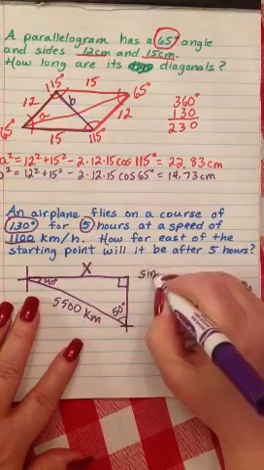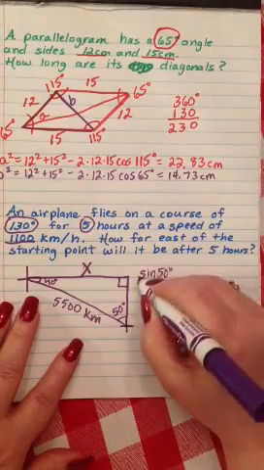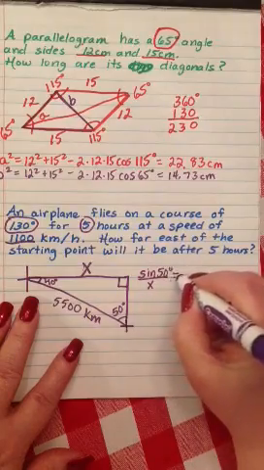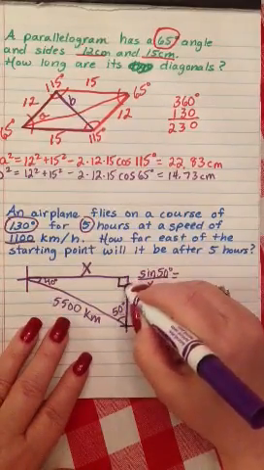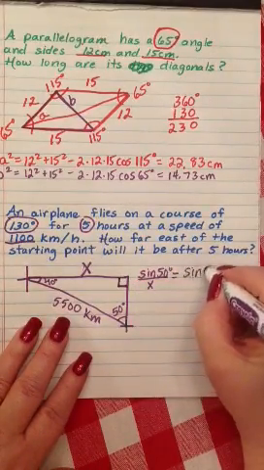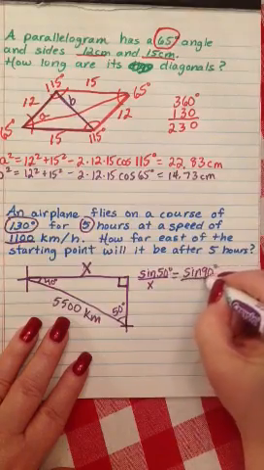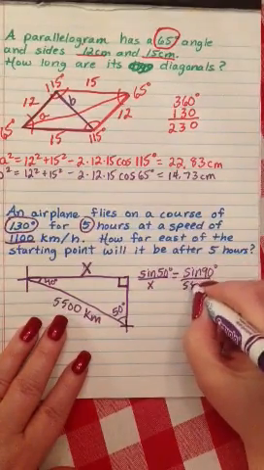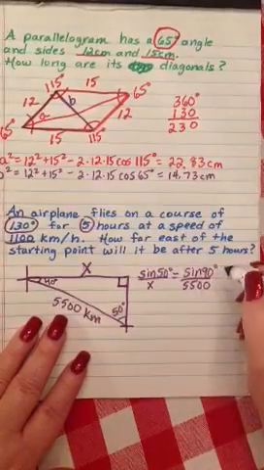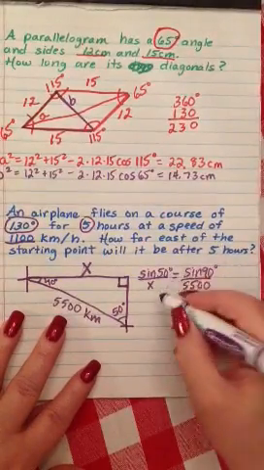I'm going to say the sine of 50 over x is equal to the one I know right here, the sine of 90 over 5,500. Of course, the sine of 90 is just 1, but that'll be okay. We just cross multiply.